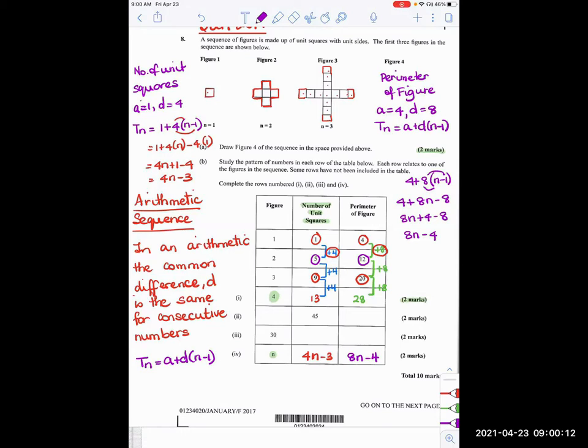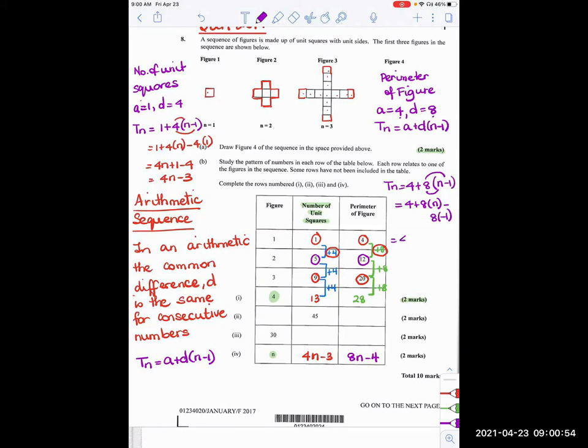Miss, can you repeat that for me, please? Let's go again. Now, A is 4. So we put 4 in our formula. And D is 8. So 4 stays the same, but the number 8 is multiplied by two terms in the bracket. The first one, 8 by n, and then 8 by -1.